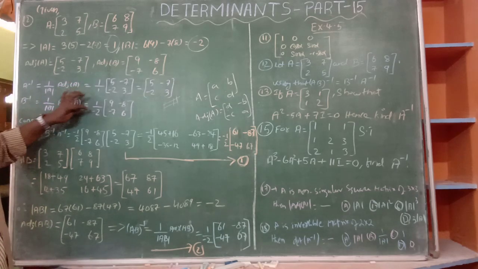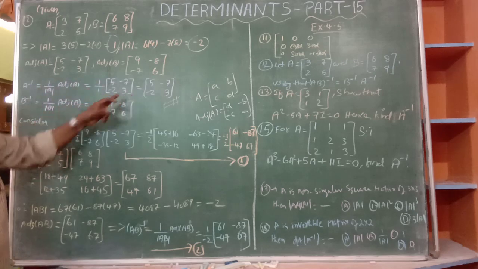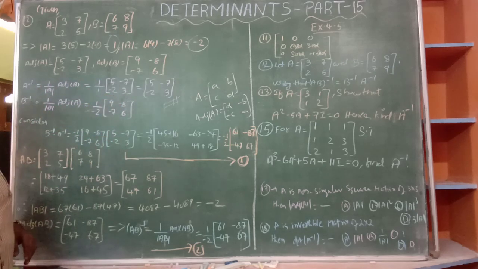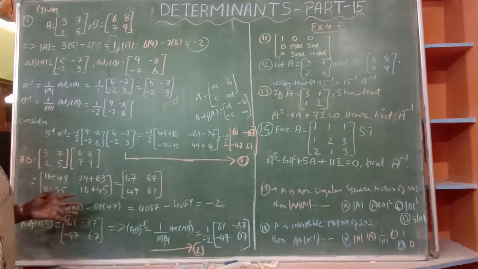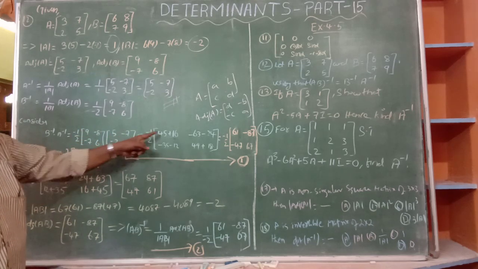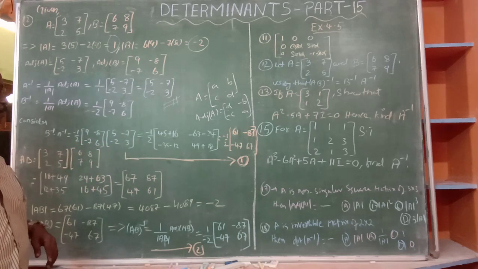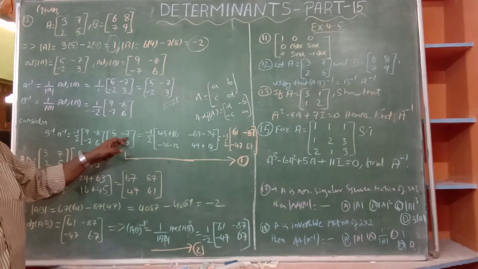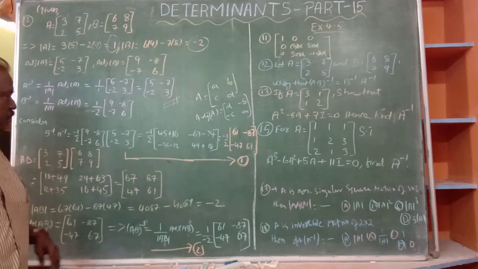B inverse is minus 1 by 2 as it is, and A inverse is [5, minus 7; minus 2, 3]. Minus 1 by 2 is a constant multiple. Now, these are the multiplication of two matrices. 9 into 5 is 45, minus 8 into minus 2 is plus 16. 9 into minus 7 is minus 63, minus 8 into 3 is minus 24.